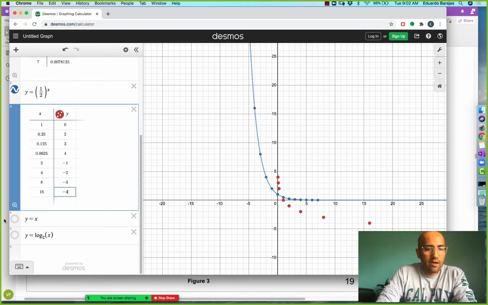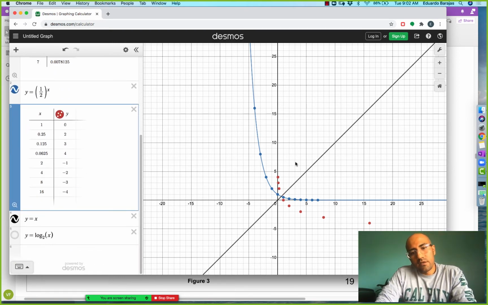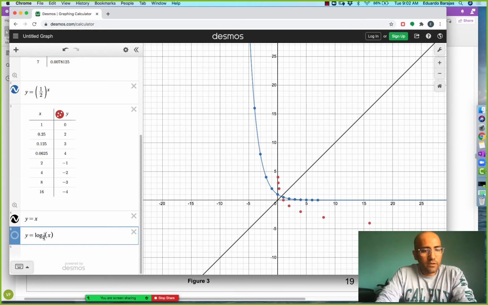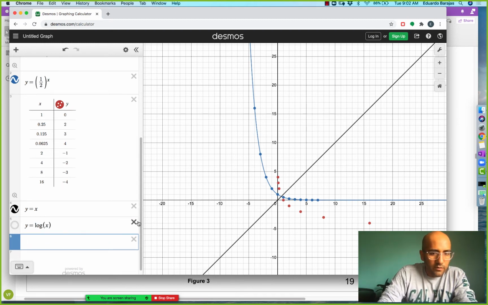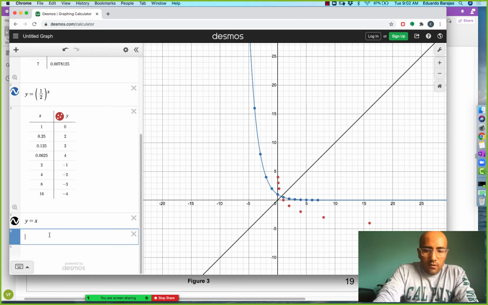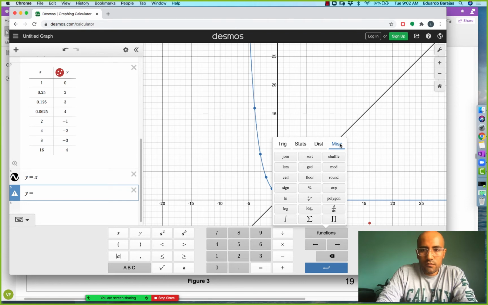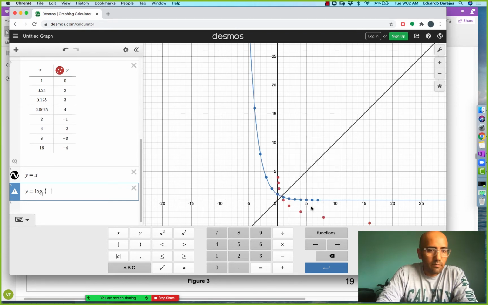Right? Again, we can graph our line y equals x, and we see that it should be a mirror image about that line. Good, so let's put 0.5 here. Y equals, functions, miscellaneous, log index 0.5 of x, and let's make it red.